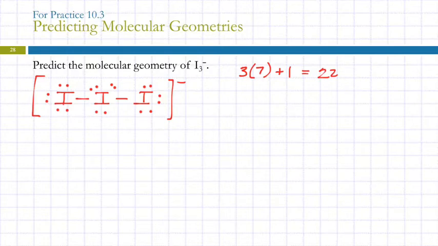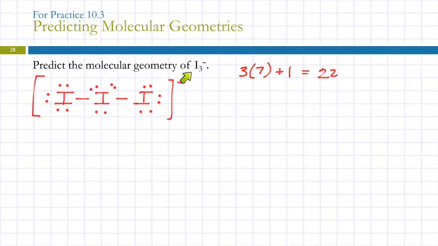Iodine has 7 valence electrons. This iodine brought in 7 electrons, and if it's leaving by cutting this bond in half, how many does it leave with? 7. And this iodine is going to be the same. How about the one in the middle? It leaves with 8, right? It's got a negative 1. Can we rearrange this so that they're all 0?